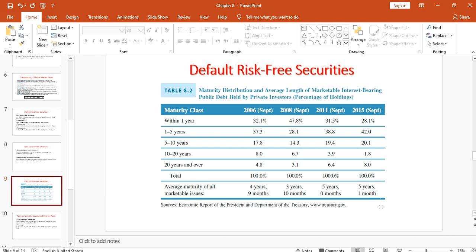So 48% of the market of the risk-free debts was 1 year maturity, because of the liquidity at that time. But anyway, after the recovery from the financial crisis, even this rate stays higher. So what we understand from these numbers is that the short maturities are always preferable, within 1 year or 1 to 5 years maturity.